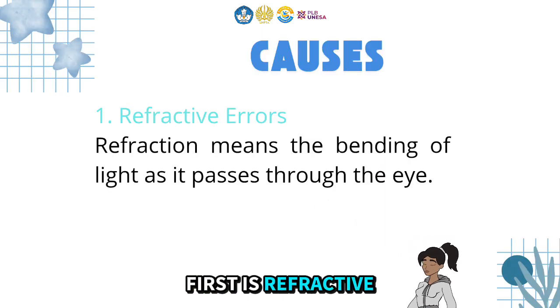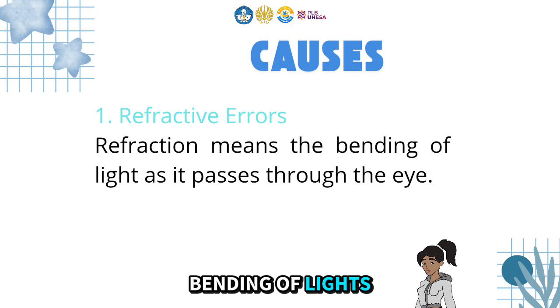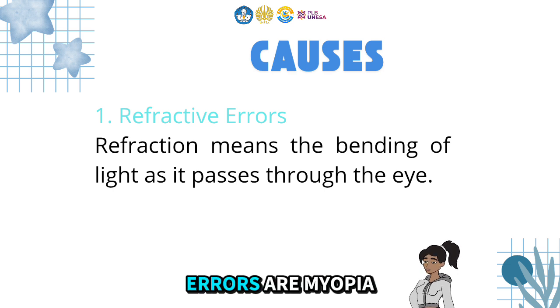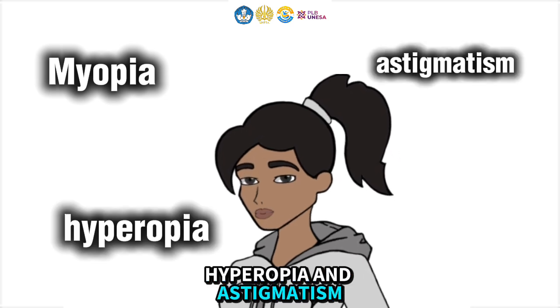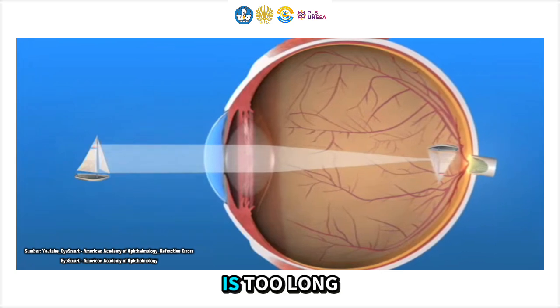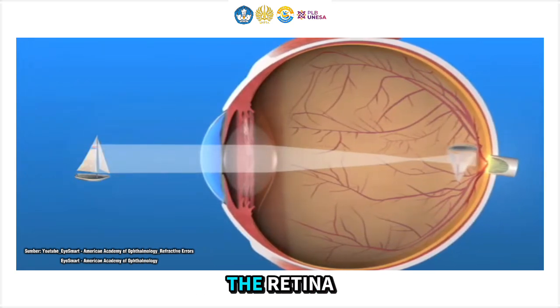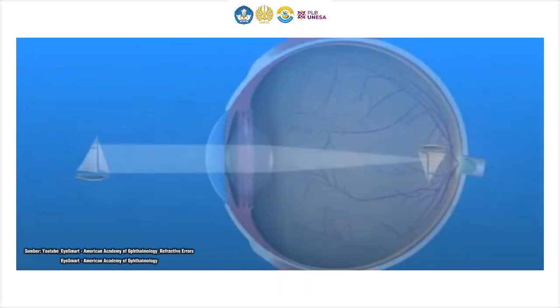First is refractive error. Refraction means the bending of light as it passes through the eye. Common errors are myopia, hyperopia, and astigmatism. Myopia is when the eyeball is too long, so light focuses in front of the retina. Distant objects look blurry.